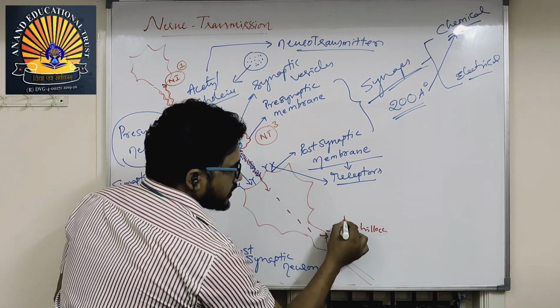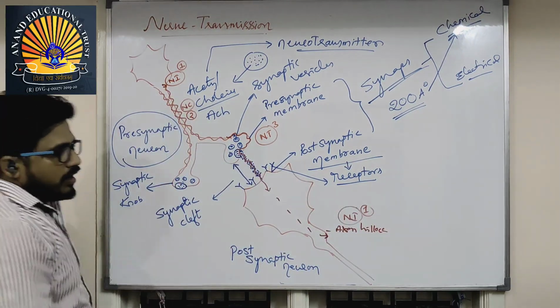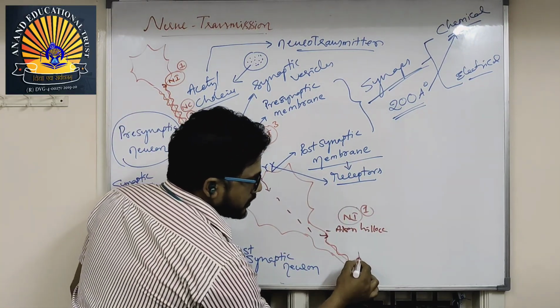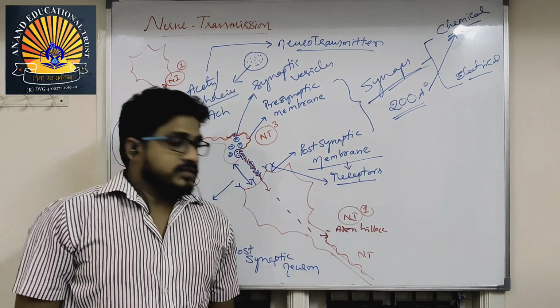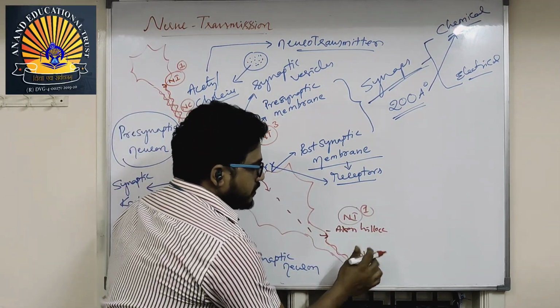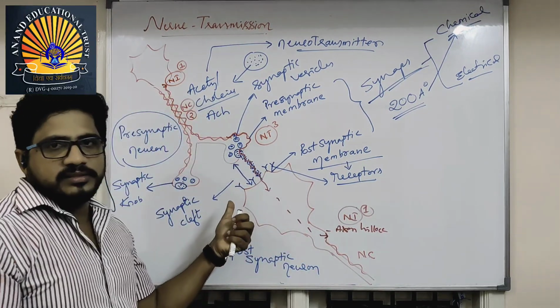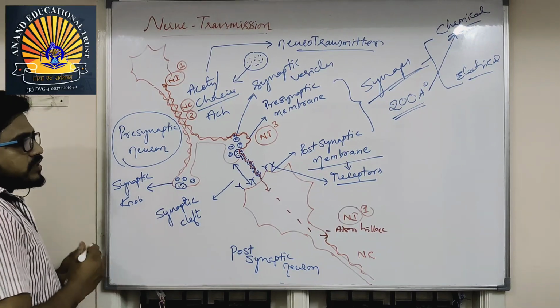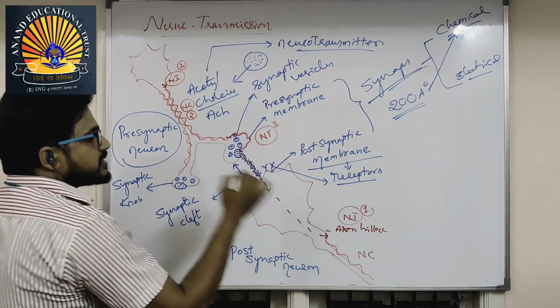That is the nerve impulse, again step one. After that, nerve conduction, and at its end, neurotransmission occurs just like this. Once the chemical is formed, the nerve impulse travels upon it.